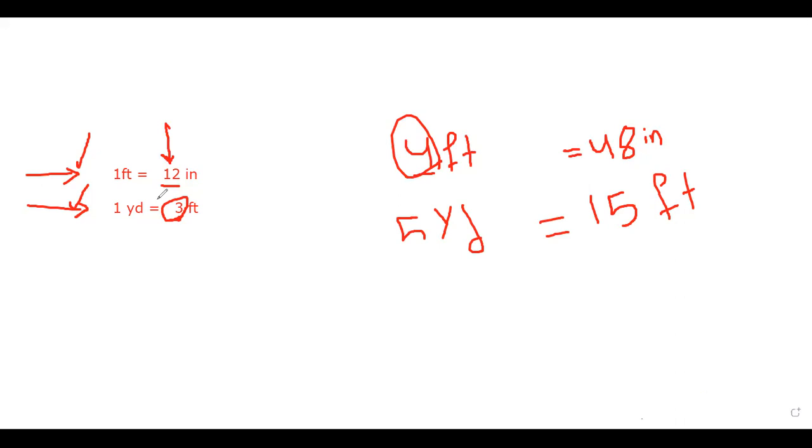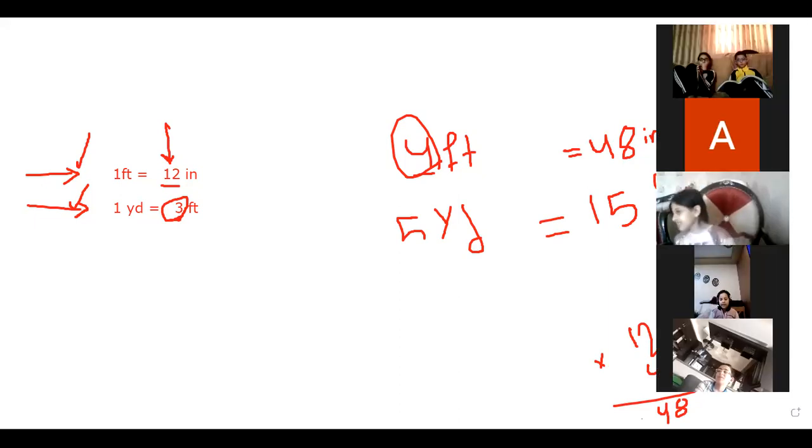If you don't know how much that equals, just multiply it regularly. 4 times 2 equals 8, and 4 times 1 equals 4. So it's 48. See that? You got it? Thank you.